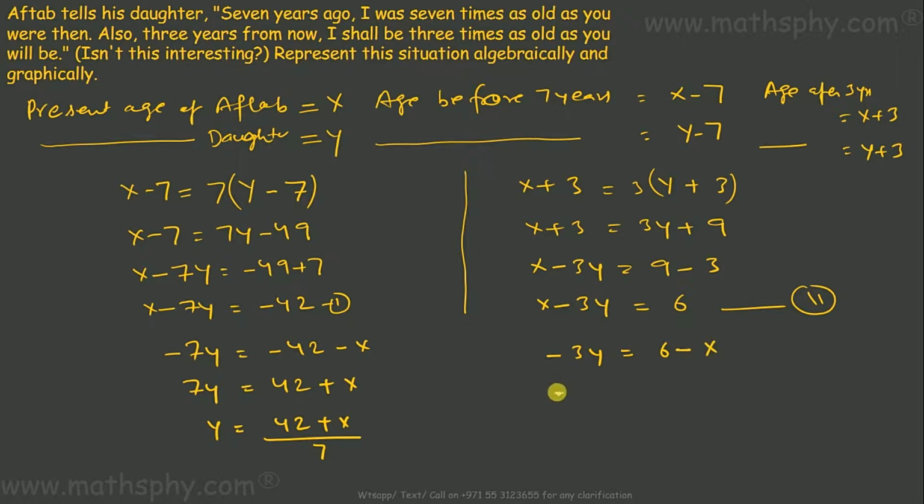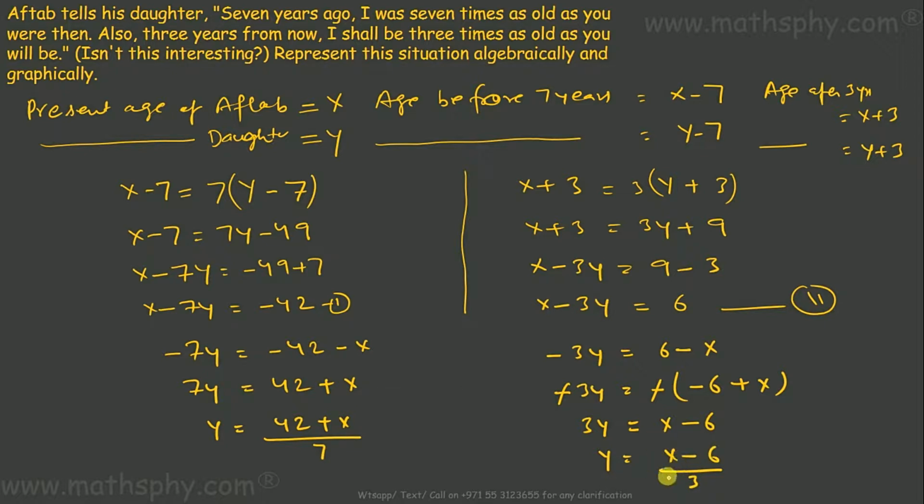So I can write it as minus 3y equals to, I take negative as common, minus 6 plus x. This and this cancelled, so 3y would be minus 6 plus x. I take x in the front, so x minus 6. So y would be x minus 6 over 3. So I have y equals to 42 plus x over 7. y equals to x minus 6 over 3.